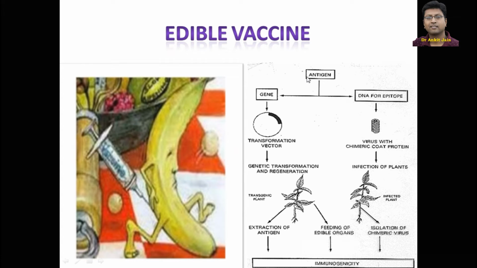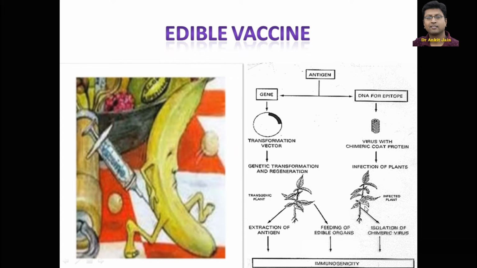So what is the main approach to produce this edible vaccine? The DNA producing that particular antigen is used as a gene, and that gene is transfected into a plasmid vector, or it is given directly into viruses which have the ability to infect plants. So these are animal viruses, and the particular DNA is introduced inside the plant viruses, and when those plant viruses infect the plants, our DNA of interest is also introduced inside that plant.